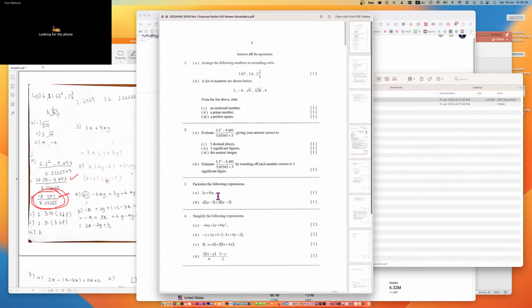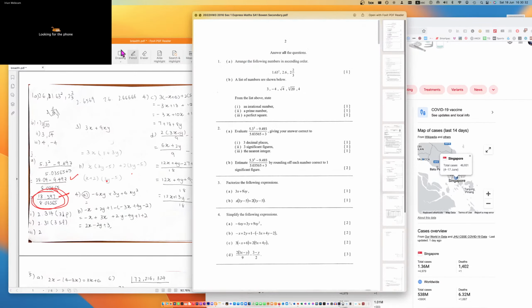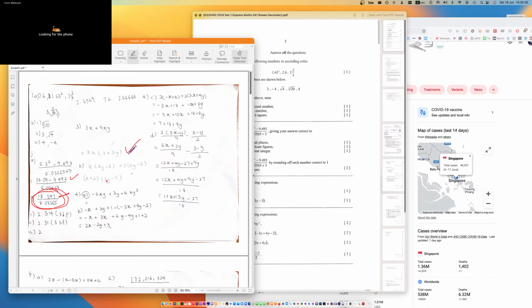So factorize the following. I think the factorize part should be easier. This one is correct. Let me just move it aside. So this one is easy. For this one, easy also. Oh, I got a question last week from my student.